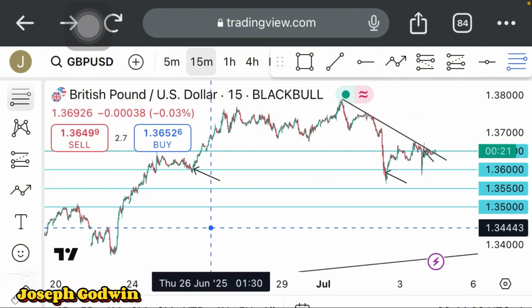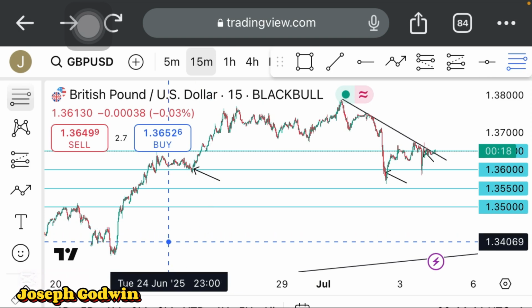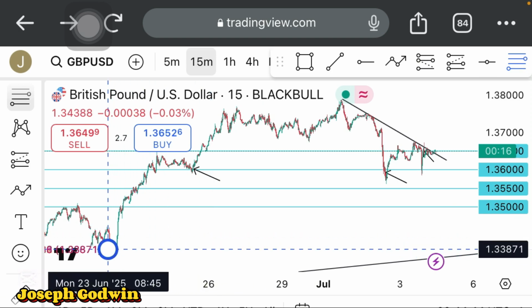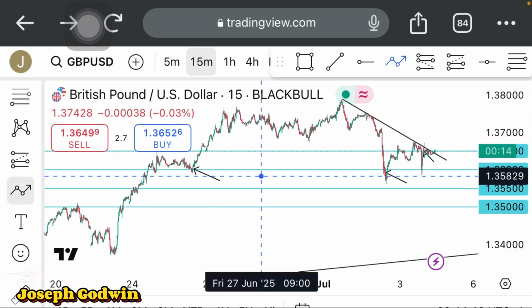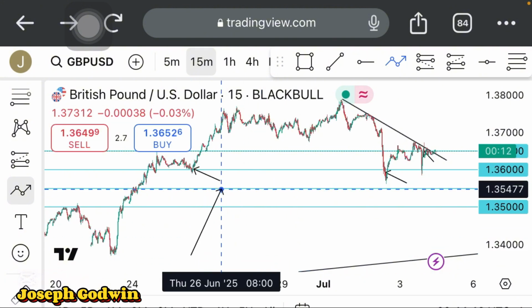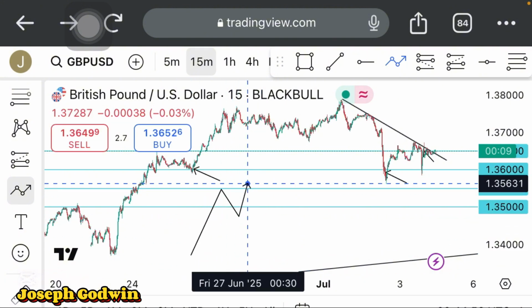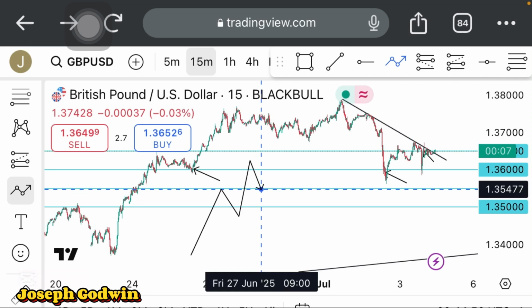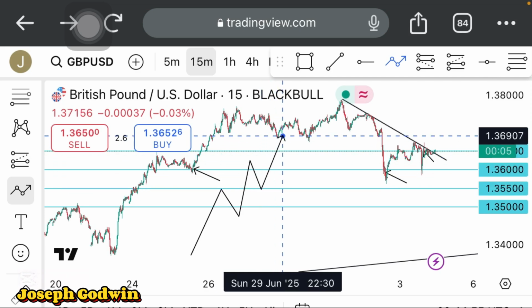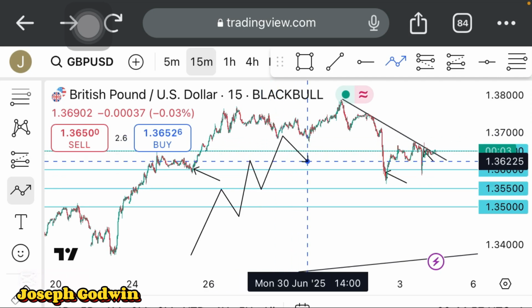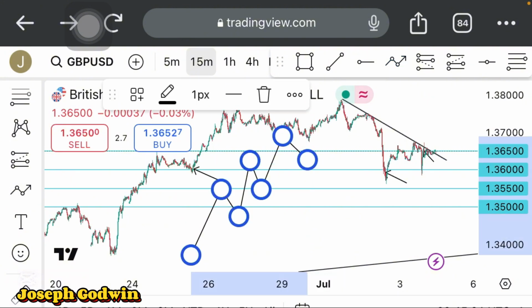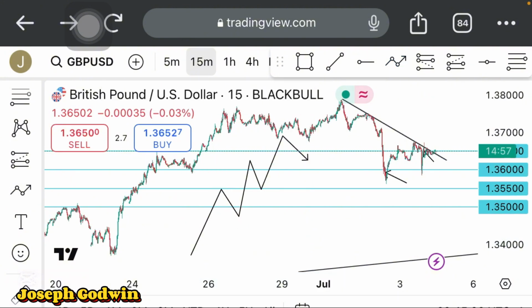Like Fibonacci, in a trending market we have something like this: impulsive, correction, impulsive, correction, impulsive, correction, something like this. This is an uptrend.